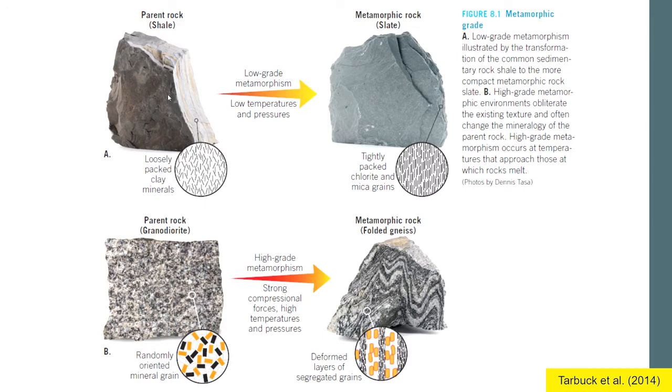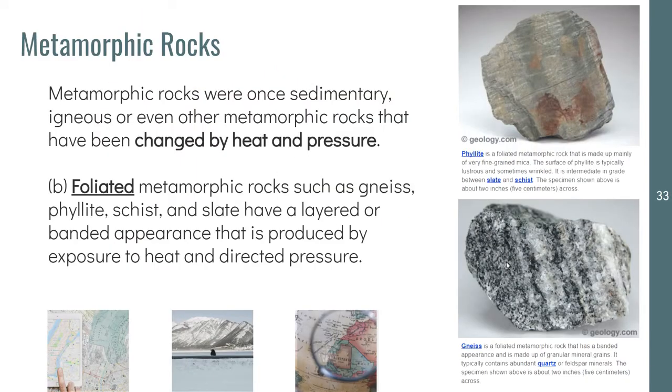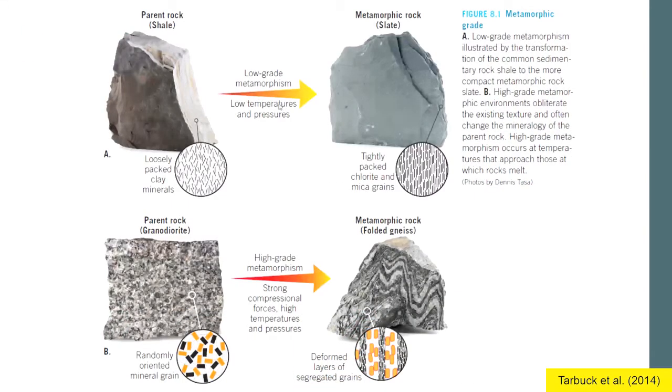As you can see here, they do not have that much layering. As previously discussed, they're not as foliated, and it suggests that this is just a low-grade metamorphism because they were just exposed to low temperatures and pressures. So, from shale, metamorphosing into slate.